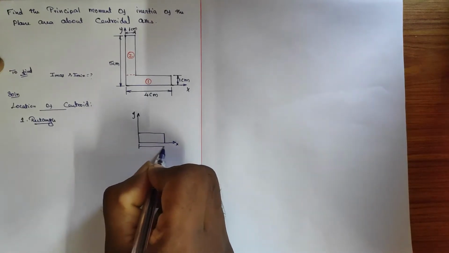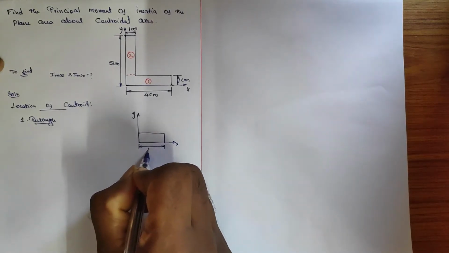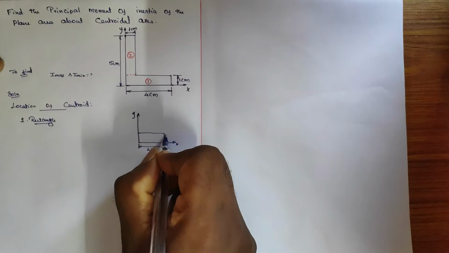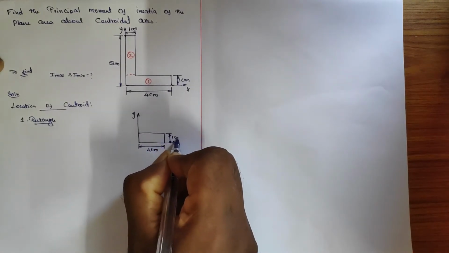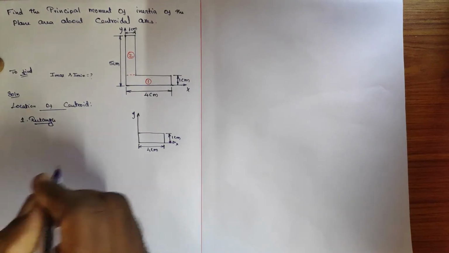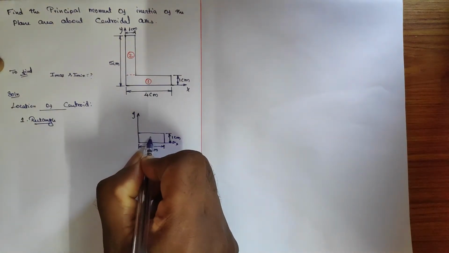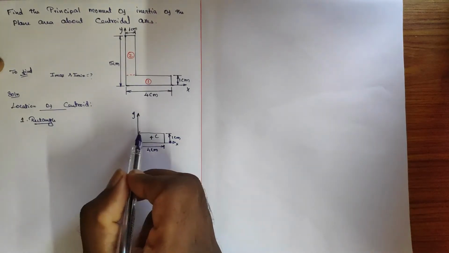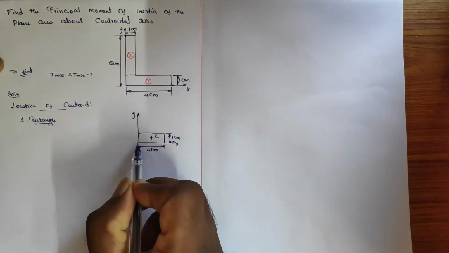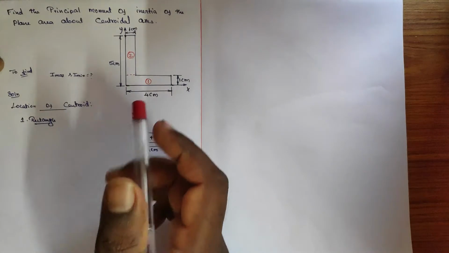This is the length, 4 centimeter, and here it is 1 centimeter width, right? So I want to identify the centroid.